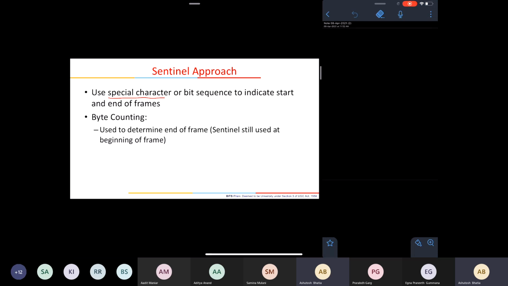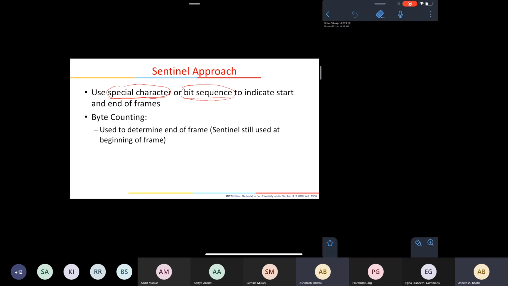But nowadays most systems don't differentiate between image, audio, and everything. Everything is a bit sequence, even the executable files. So you can use some special characters or special bit sequences to define the start and stop of the frames.